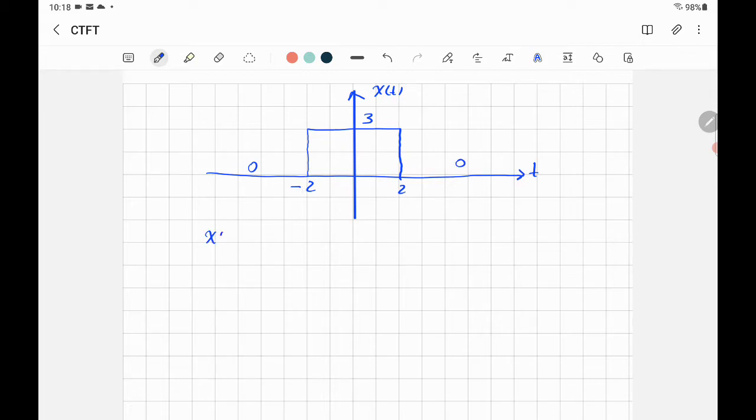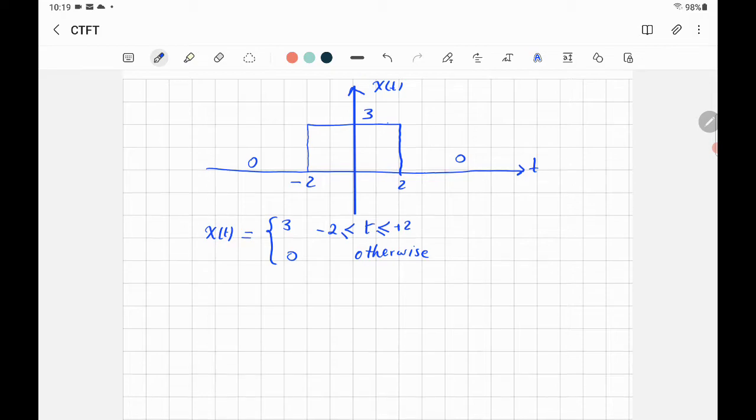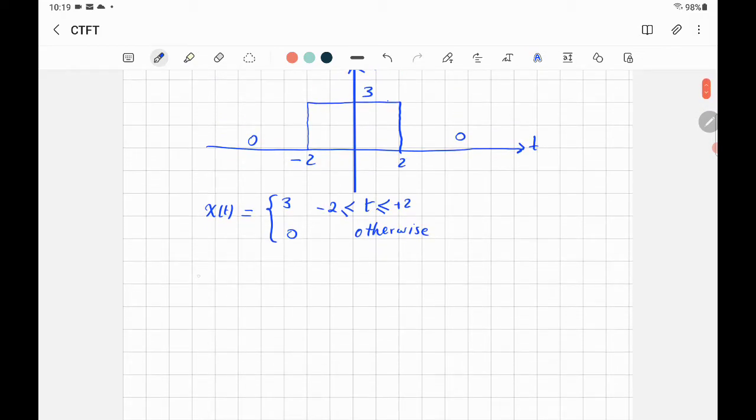So it could be expressed as x of t is equal to 3 when the time is greater than or equal to -2 and less than +2, and 0 otherwise. This function can be expressed in a different way. We can say x of t is equal to 3 when the absolute value of t is less than 2, 0 otherwise.